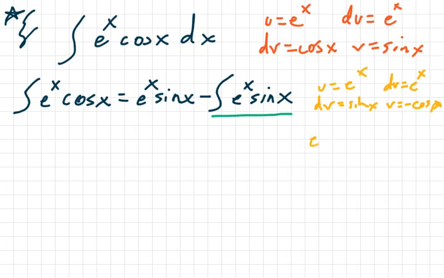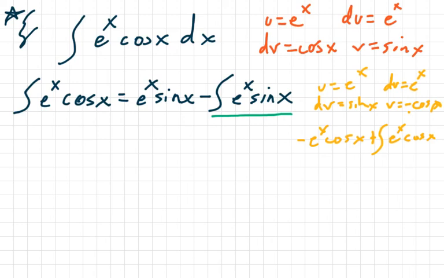So I got e to the x negative cos x minus the integral of our v, which is negative cos x. So I'm going to change this to a plus cos x. So it's going to be e to the x cos x. So again, I just changed that minus to a plus because it's a minus cos x anyways.